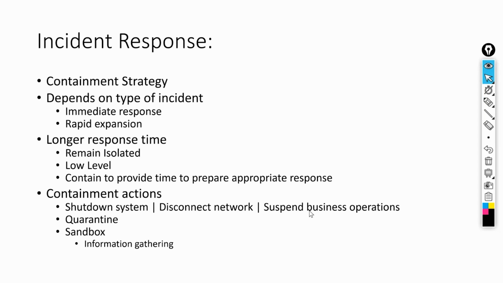So what are the containment actions? Shutting down the system, disconnecting the network, suspending the business operation, quarantine, sandbox, and collecting information about how this incident happened in the first place. These all come under your containment strategy. One live example: if a system is infected with a virus, I need to perform a root cause analysis.